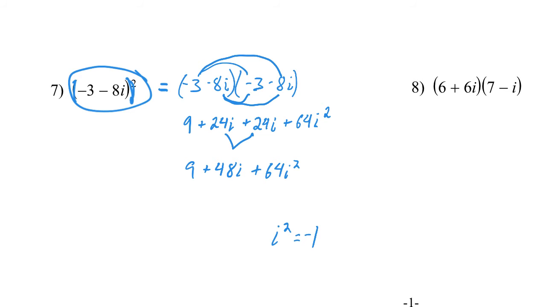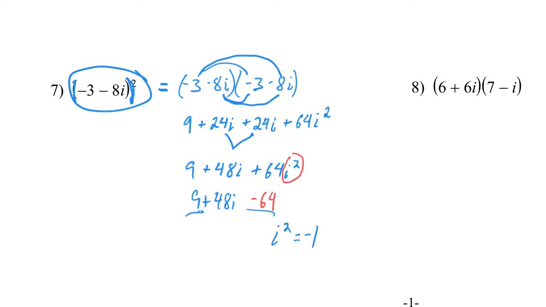So I'm going to turn this i squared into -1, which is going to change that 64 into -64. And then everything else comes down. And combine your like terms with the 9 and the -64. So 9 minus 64.